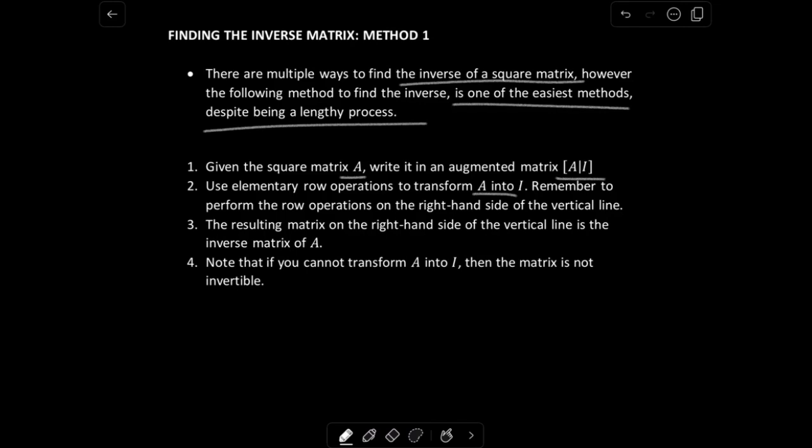Remember to perform these row operations on the right-hand side of the vertical line. The resulting matrix on the right-hand side of the vertical line is the inverse matrix of A. Note that if you cannot transform A into an identity matrix, then the matrix is not invertible.